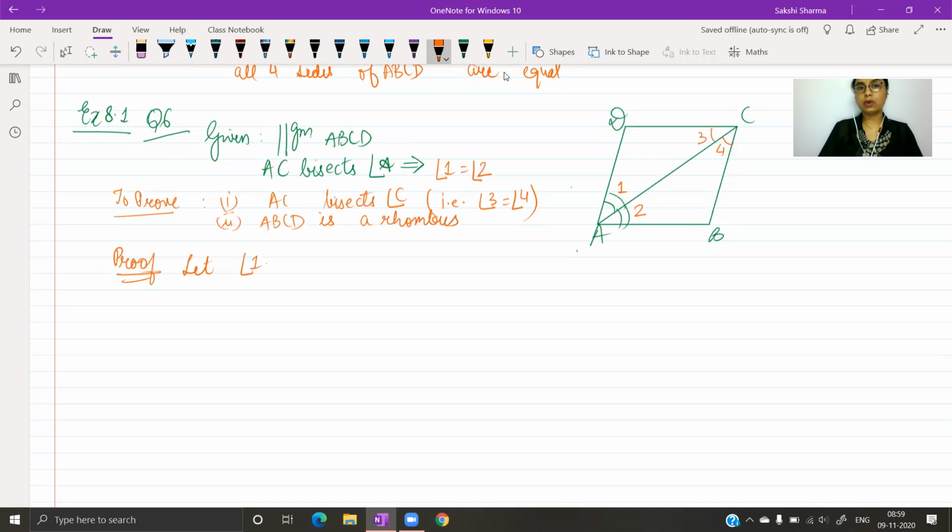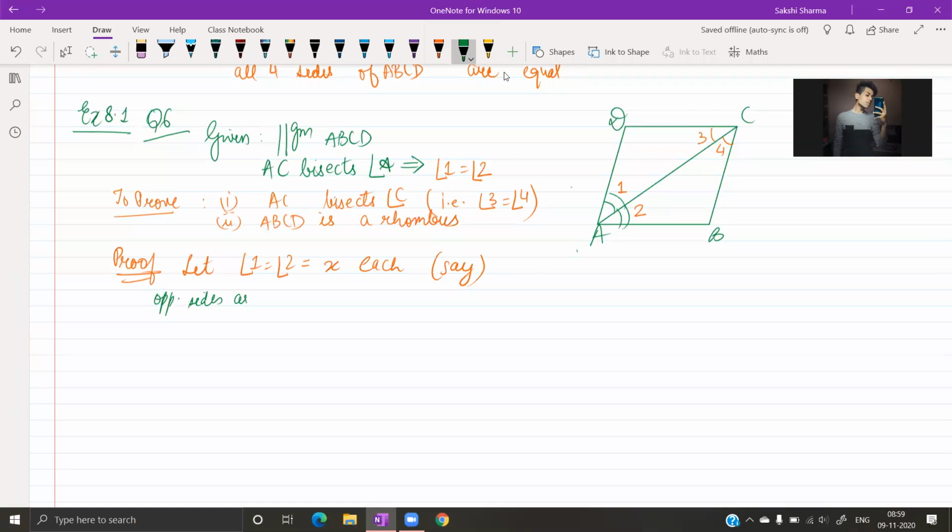So let angle 1 equal angle 2, which are equal. This is given to me. Let's assign them the same value. Opposite sides of a parallelogram are parallel.